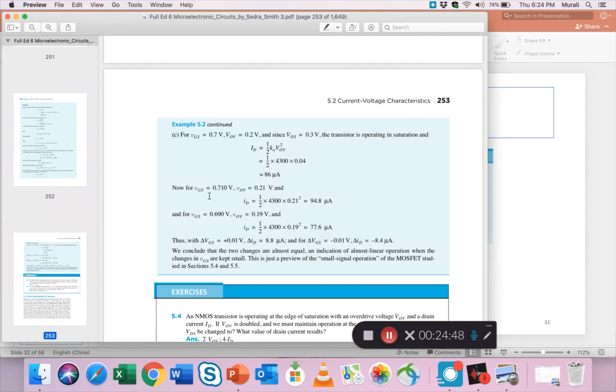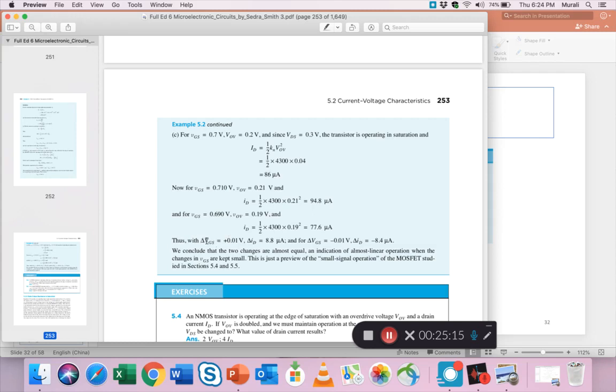Now if you change the VGS, then overvoltage changes, right? So you have a new ID, which previously was 86 microamps, and then it changes to 94.8 when the VGS goes high. When the VGS goes low, the ID also goes low, because it's a linear relationship.